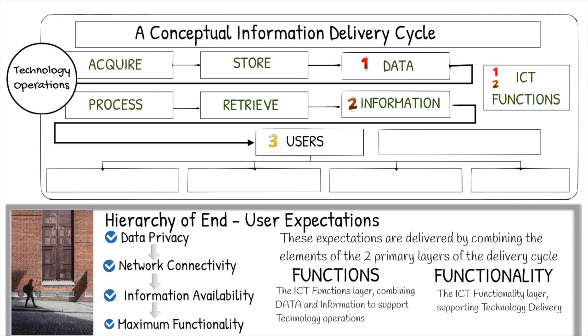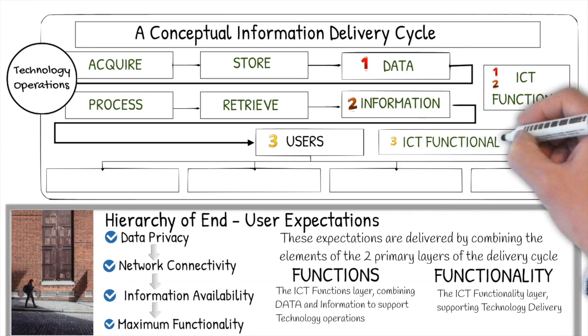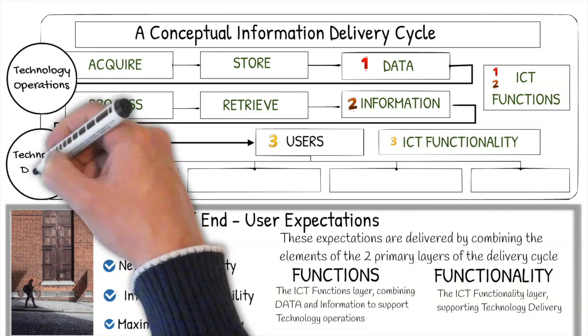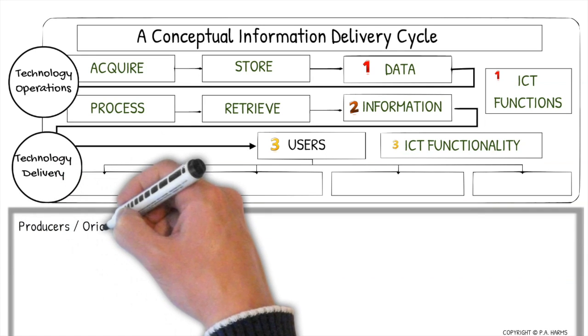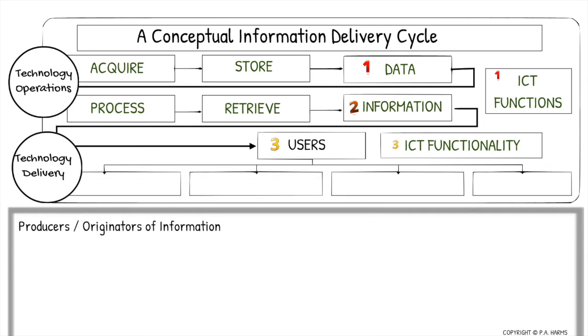The other is the ICT functionality layer, supporting technology delivery. Having agreed that users are the focus of technology delivery, we turn to the producers or originators of information.